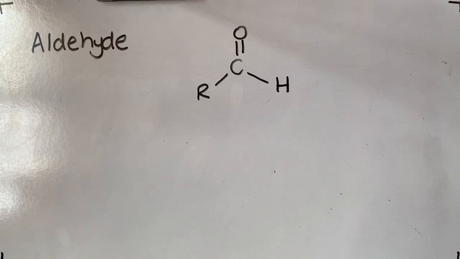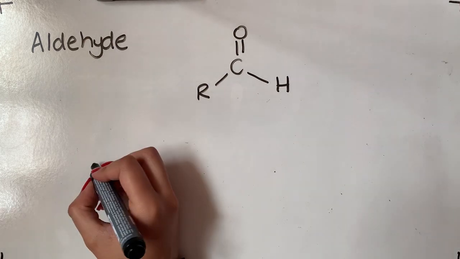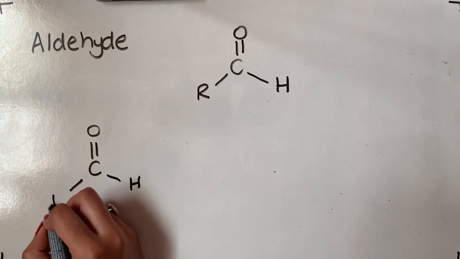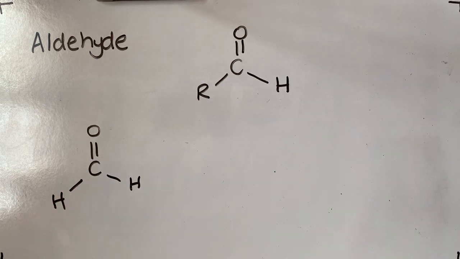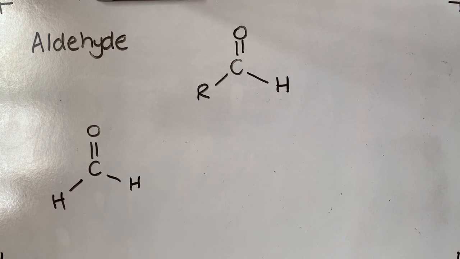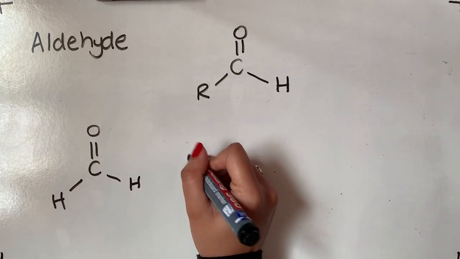Okay, so let's have a look at our simplest aldehyde. So it's where the R group is our hydrogen. So that's this compound over here. Let's have a look at how we're going to name this. So with this, we've got the longest carbon chain just has one carbon in it. So therefore the prefix is going to be methan.